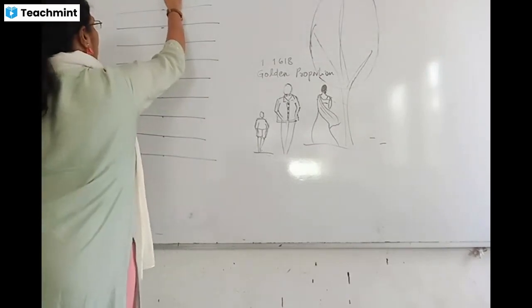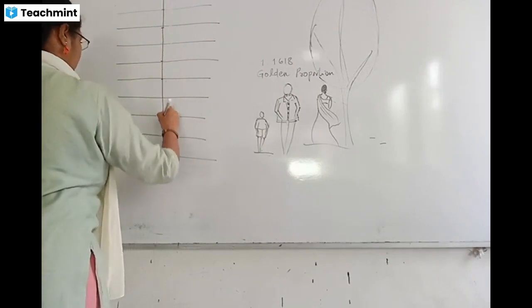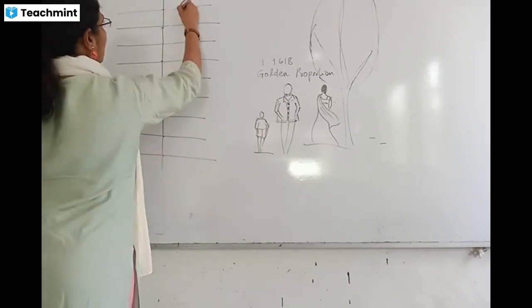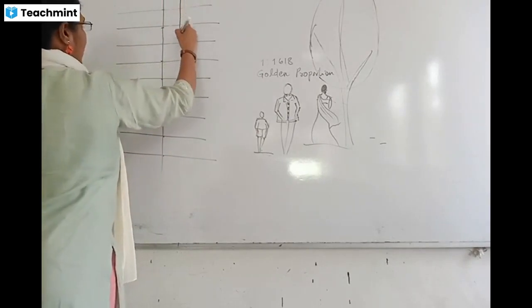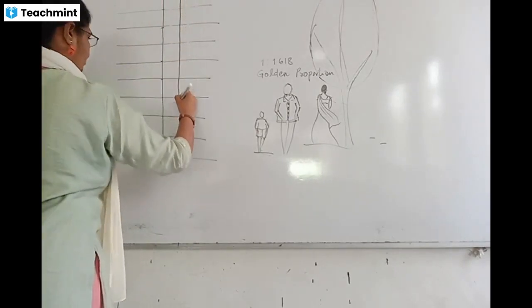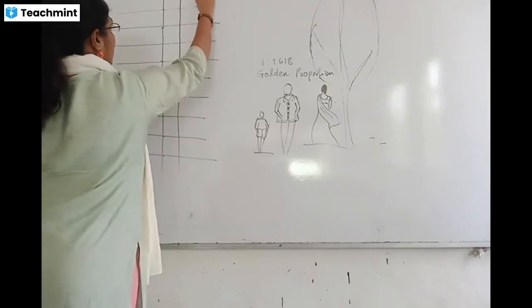So here we go with making of grid. This has to be approximately a square blocks, because we are not measuring anything, everything is based on approximation.